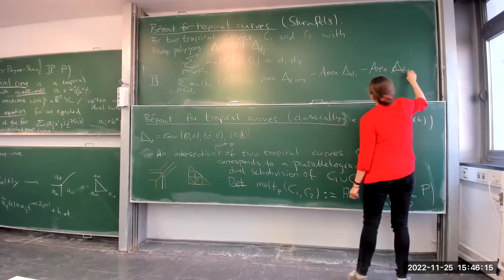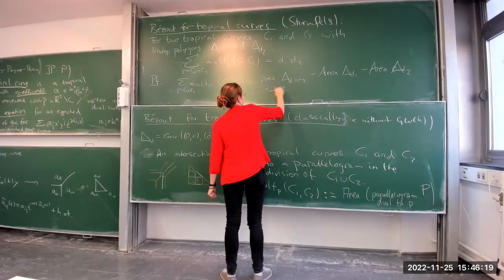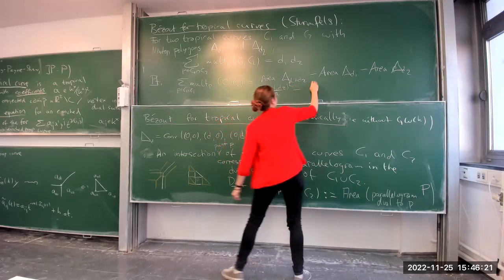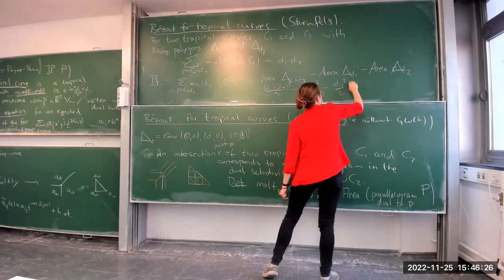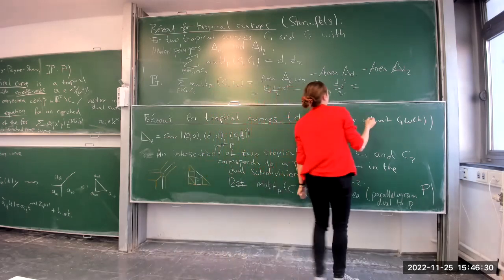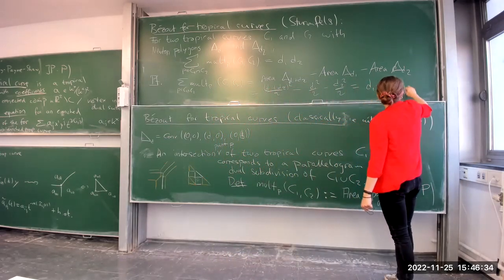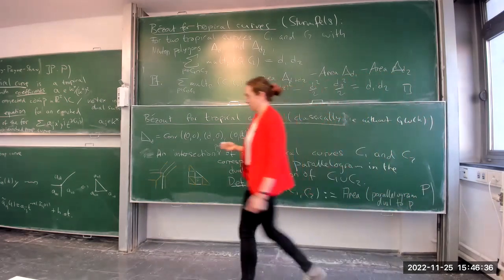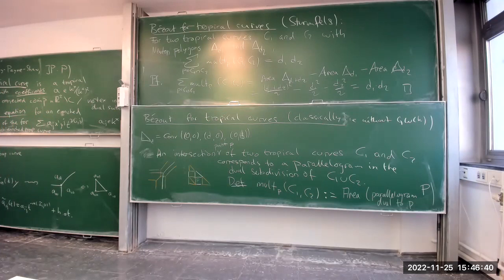What is this? It's (D1 plus D2) squared divided by 2, minus D1 squared divided by 2, minus D2 squared divided by 2. And now, what do you get? You will get 2 D1 times D2 over 2, which is D1 times D2. And this is the proof we want to generalize later, which Andrés will generalize.